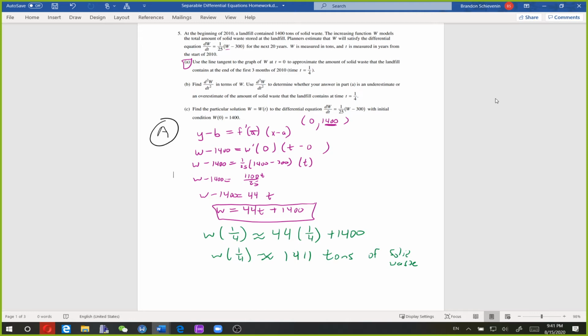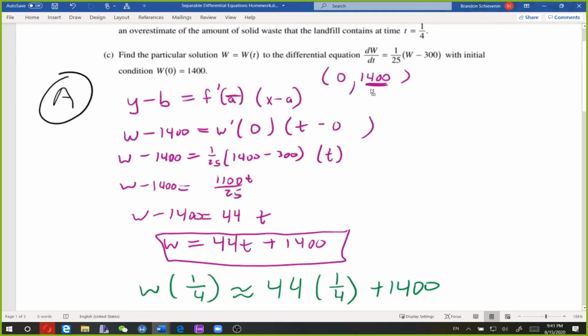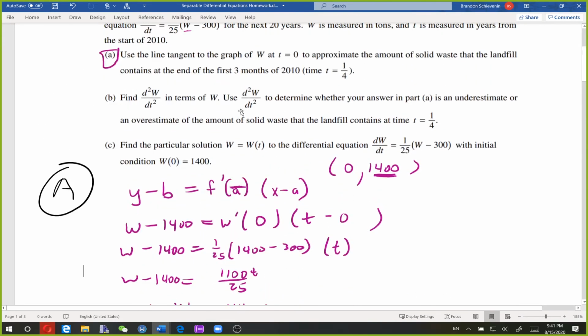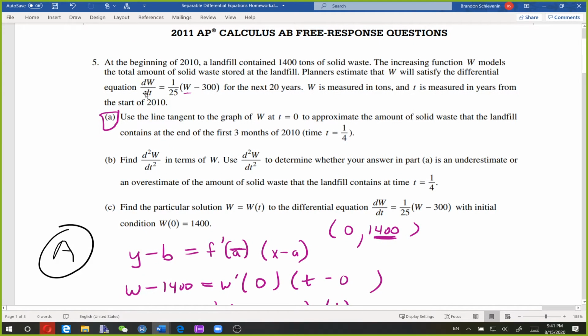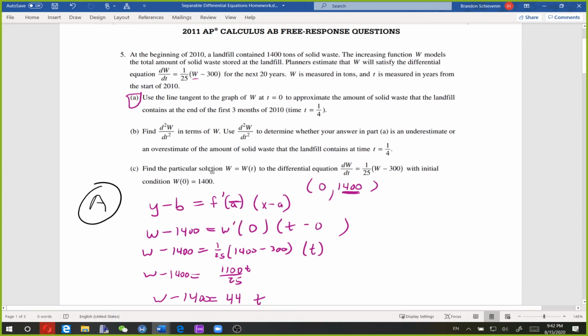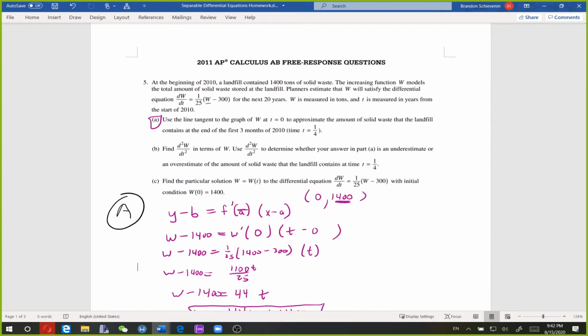Okay, I've got some notation we haven't seen for part B in quite some time. Part B says I want to find the second derivative of W in terms of t. Because our first derivative of W in terms of t involves a W, when you derive, your derivative will also be in terms of W. I believe next is Eric.